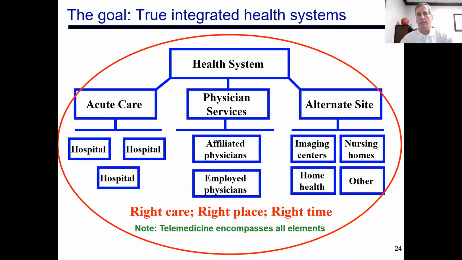I don't know if I have the slide in this deck, but there's an organization that tracks that, and about a year or so ago, their data suggested that 42% of physicians in the United States were employed by other entities, be it hospitals or insurance companies and the like. Part of that, of course, is generational. Part of it is this quest for integration. Here in our health system, we employ about 40% of the physicians in the area, and 60% are independent. So we, like others, have gone down that path.